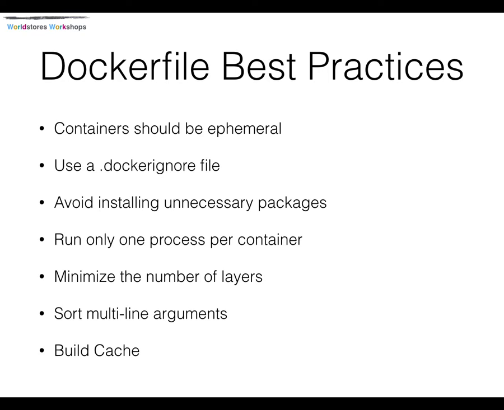And then the build cache. The build cache is something which is always on. It means that, let's say you've got two Dockerfiles, and both of them require a yum update, and they're both based from the same image. That yum update command, if you run it once, will get cached with a specific identity and a specific layer.